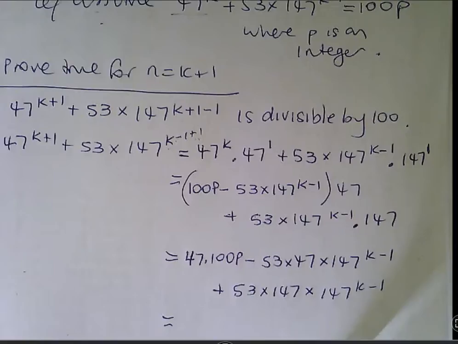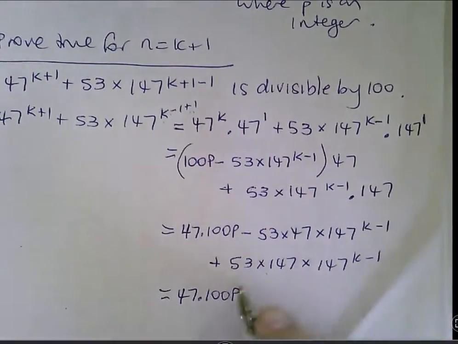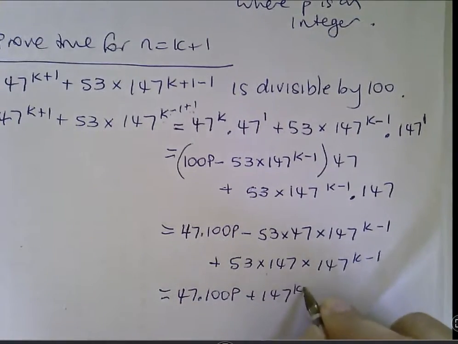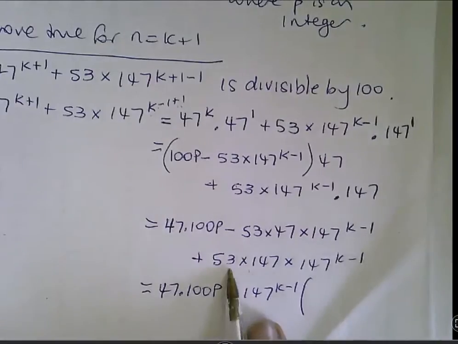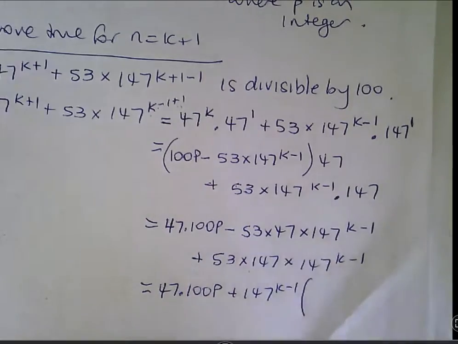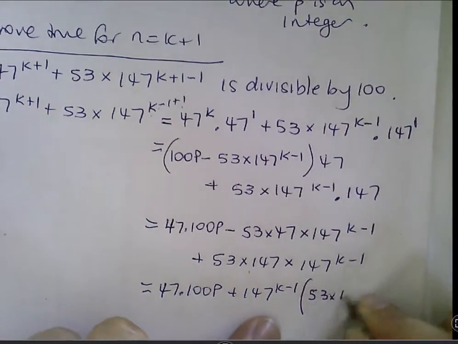Now watch, I've got 47 times 100p. Now I'm going to put a plus 147 to the k minus 1 first, and I'm going to do the second term first, because that's minus that, plus this. So in brackets, why don't I take out 53 times 147.